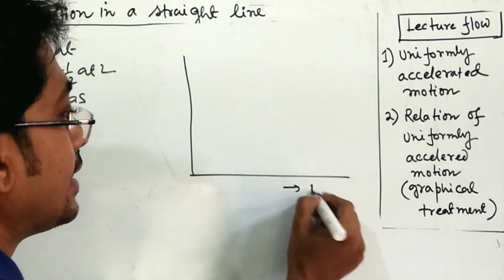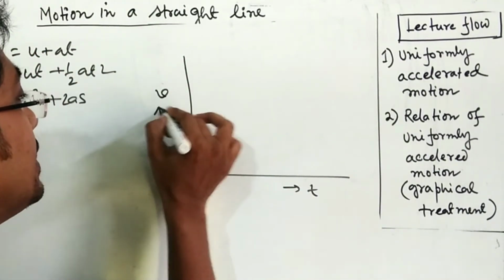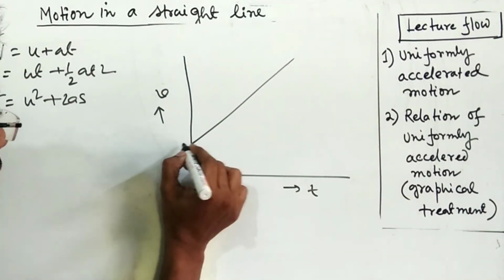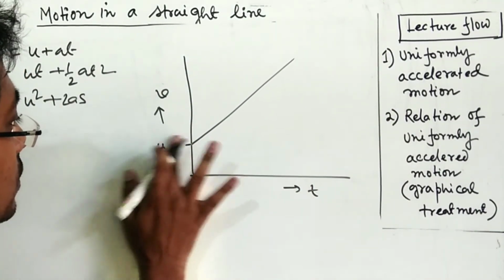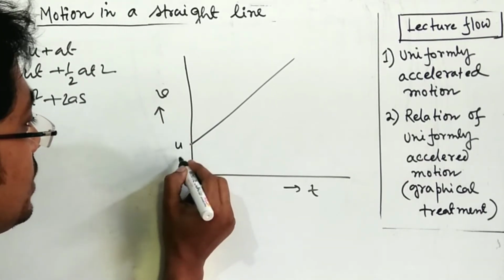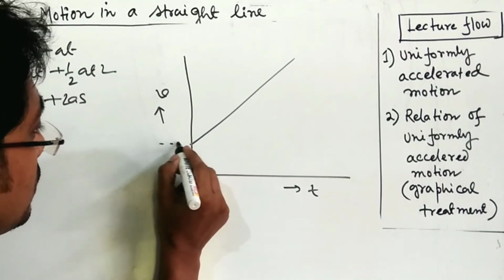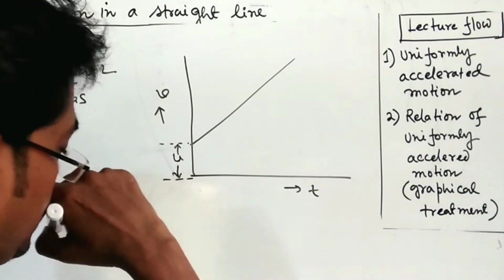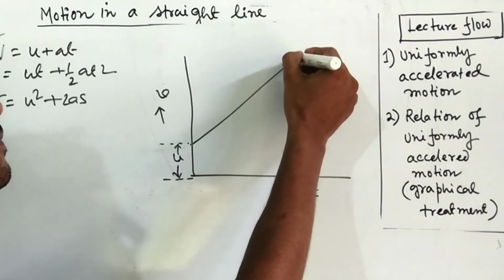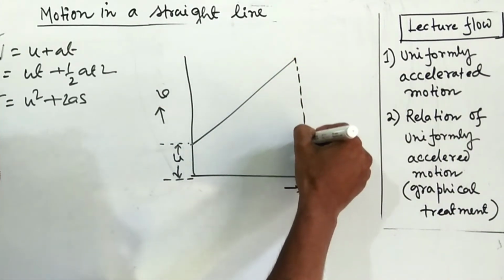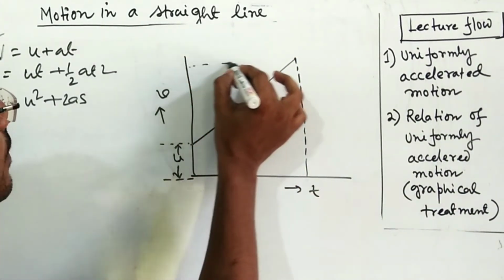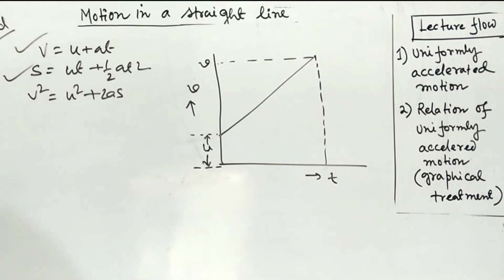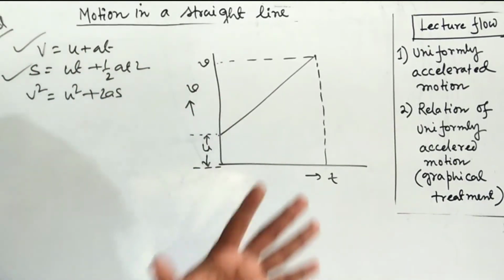Here also we have taken the same graph, that is the vt graph, the uniform acceleration graph, and this is u. We have to deduce here s is equal to ut plus half at square.